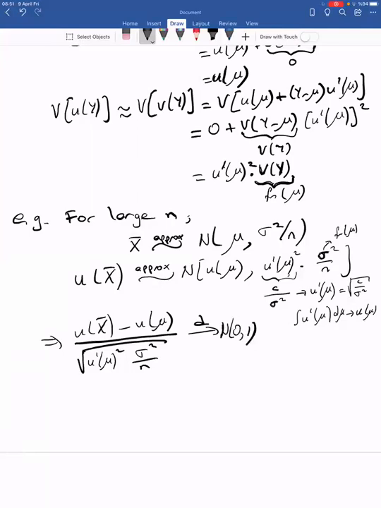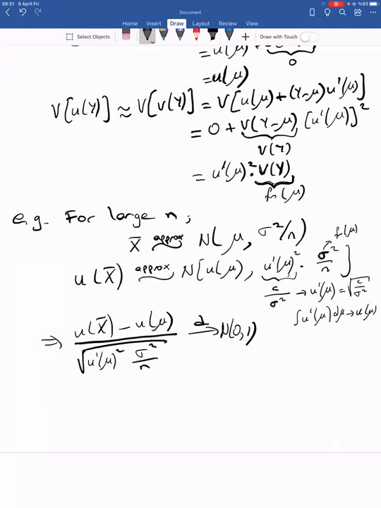Using that, we can generate an interval for u(mu), and then we can go back to get the confidence interval for mu, if we have a monotone increasing or monotone decreasing u function. Usually we try to create them like that. The main problem is in the discrete cases. So here, for example, Poisson.